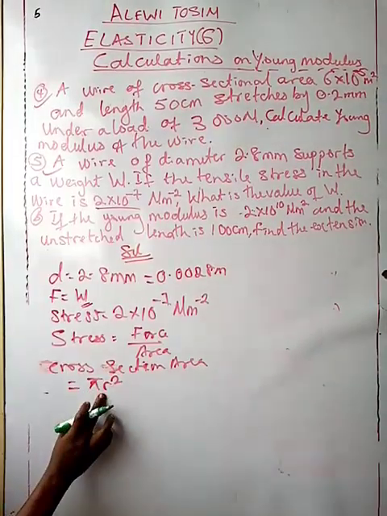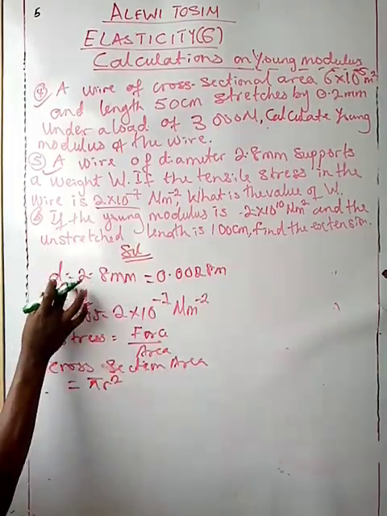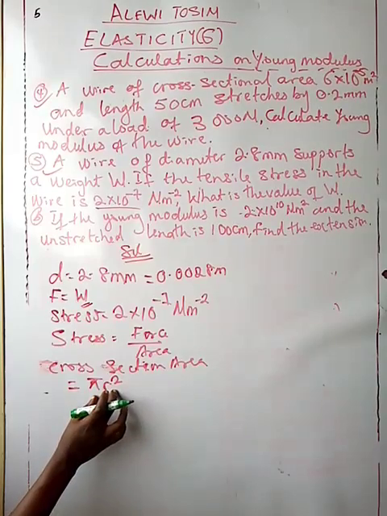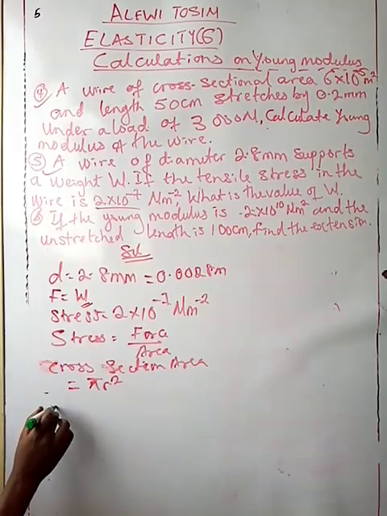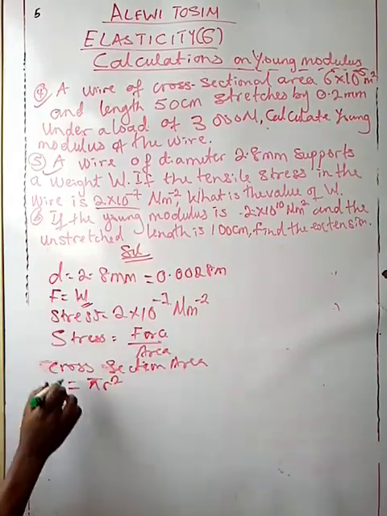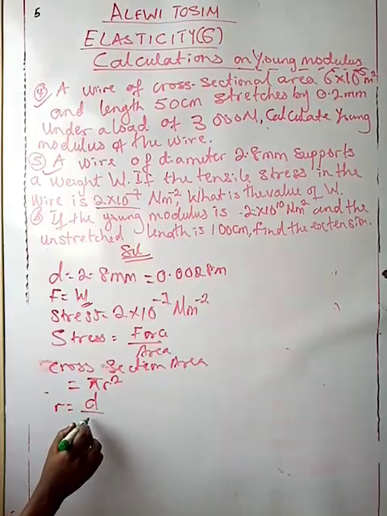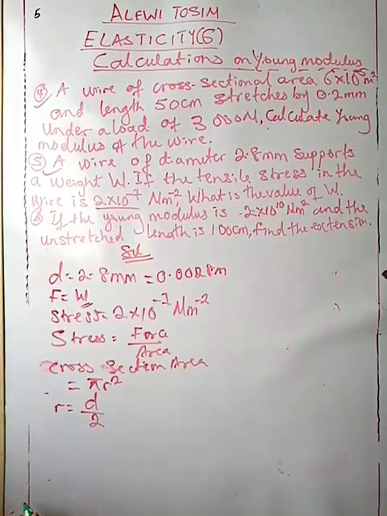For the area of a circle to be pi r square, we are given diameter instead of radius. Now, we need to use our diameter to find the radius, which is diameter over 2.